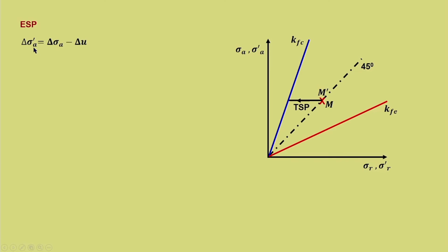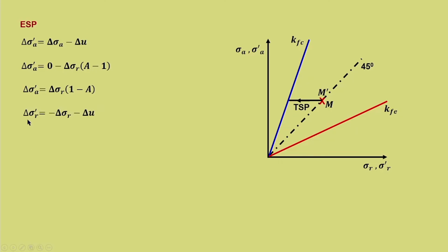Now, we need to find out what the effective stress path is. So, effective stress delta sigma A dash is delta sigma A minus delta U. Substituting for delta U, delta sigma A is already 0 because that is the condition we are dealing with. So, minus delta sigma R (A minus 1). Delta sigma A dash is equal to delta sigma R into (1 minus A).